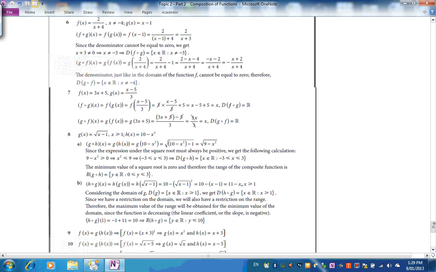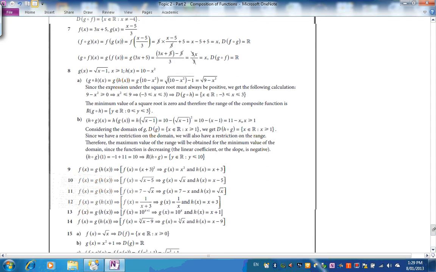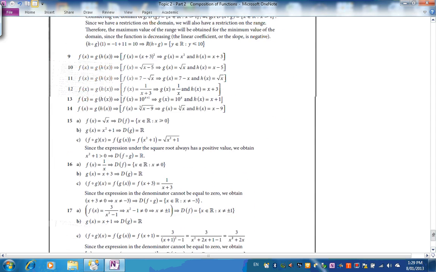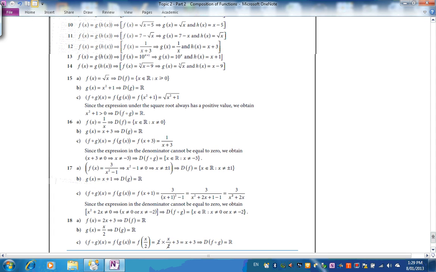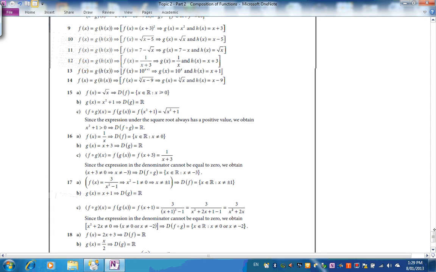So if we went through to question 6 to 10, just marking those off, come down there when you've had a go, and then I think we can fit on 10 through to 18, just there. Yeah, 10 through to 18.